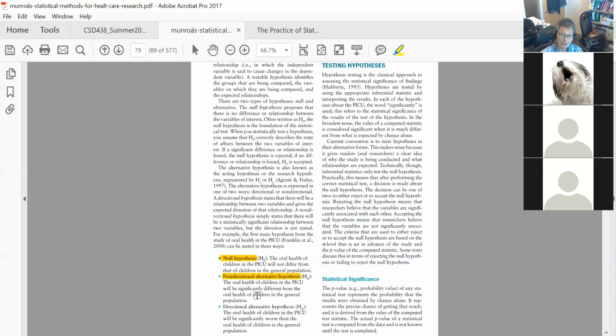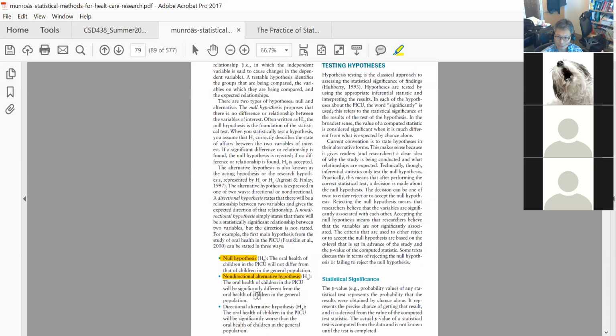It's very, very important for you to state the null hypothesis and the directional alternative hypothesis the right way. So I could give you a quiz question saying, what would be the right way of stating the null hypothesis?